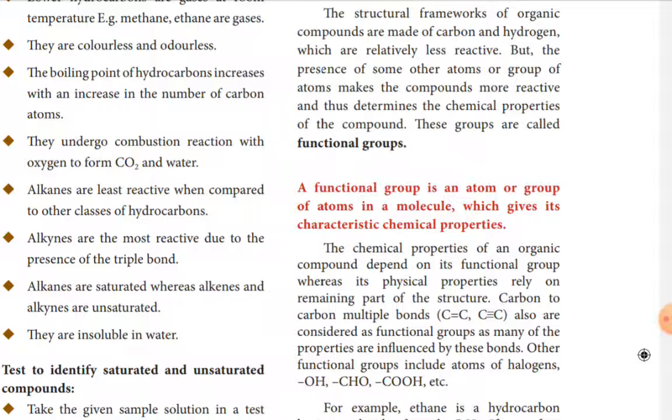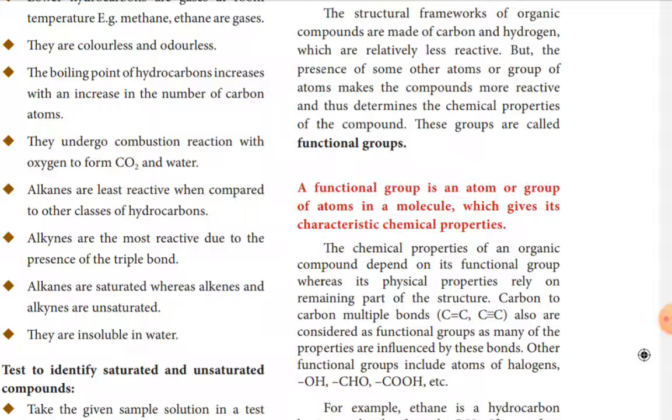Normally, the structural framework of the organic compound is made of carbon and hydrogen, and this carbon and hydrogen give only relatively less reactive nature. So the presence of other atoms or group of atoms makes the compound more reactive. Because of this presence of other atoms or group of atoms, the chemical properties are determined.